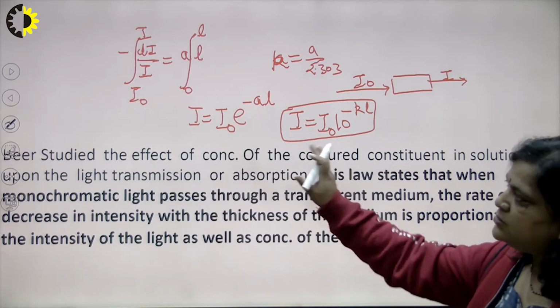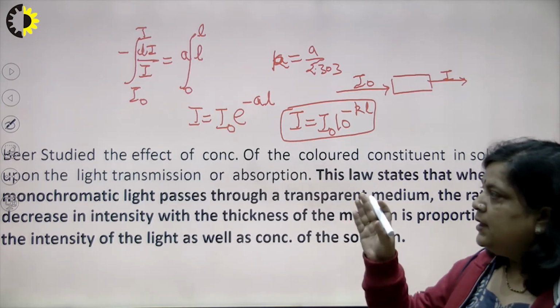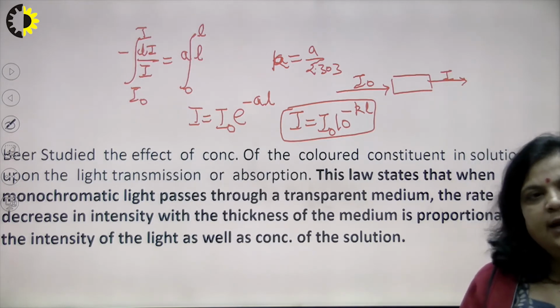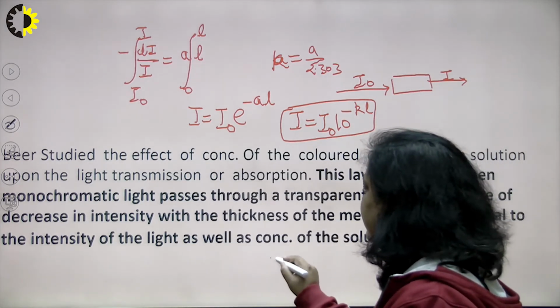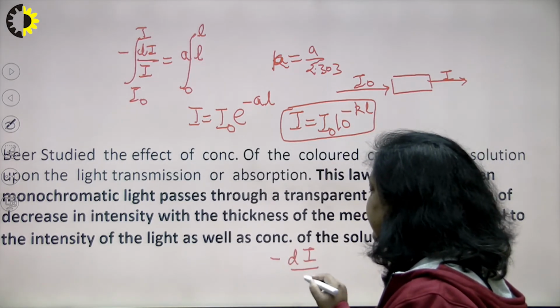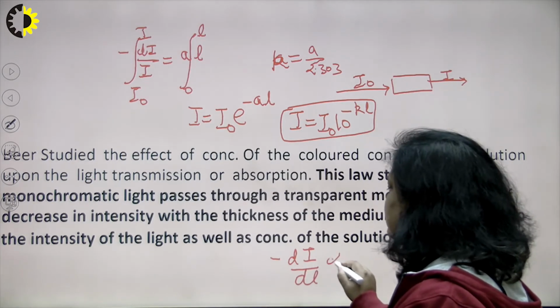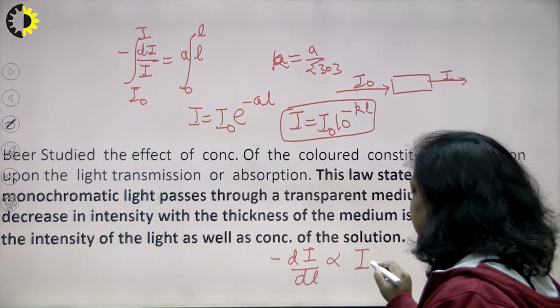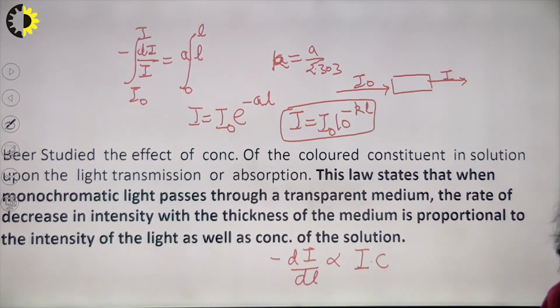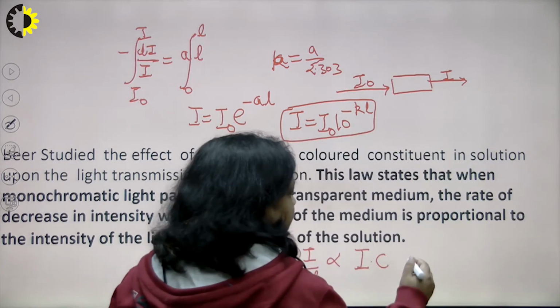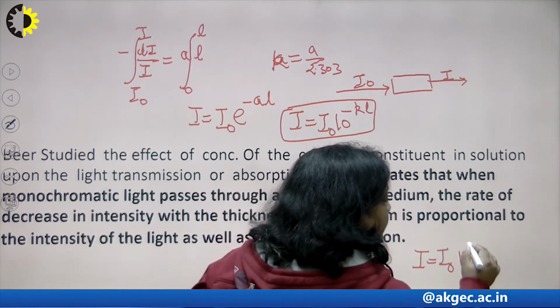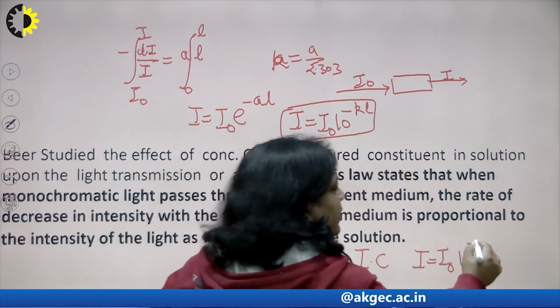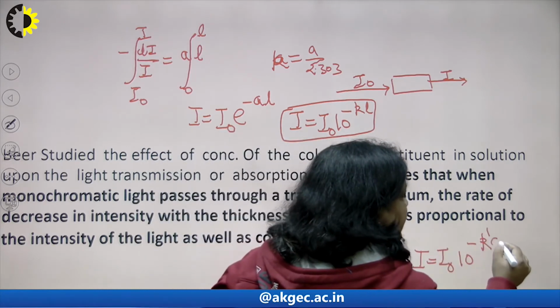The statement is, when monochromatic light passes through a transparent medium, the rate of decrease of intensity, that is minus dI, with thickness, that is dl, is directly proportional to intensity as well as concentration of the solution, I as well as C. And when we solve this, we get I is equal to I naught 10 to the power minus k dash C and L.